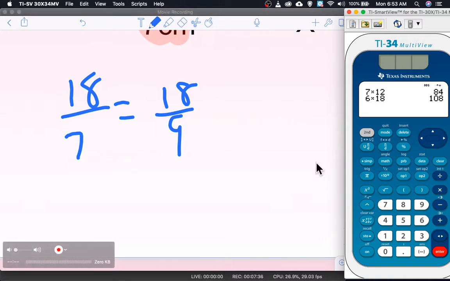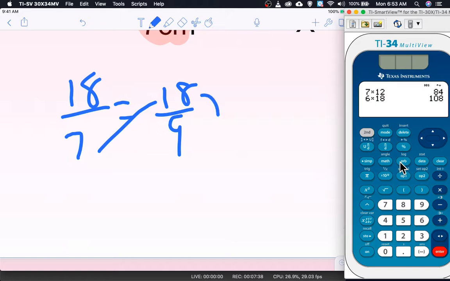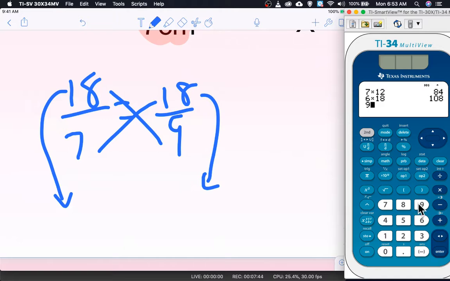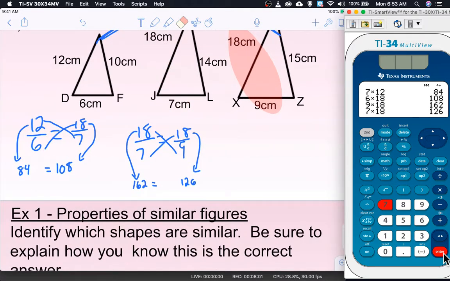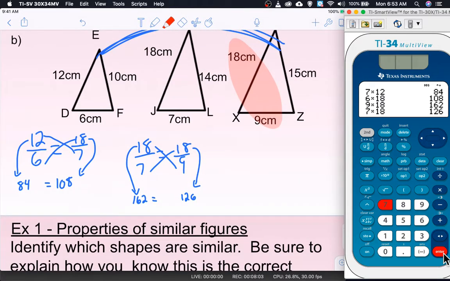There is no way that 7 times 18 is going to give me the exact same thing as 9 times 18. 9 times 18 is 162. 7 times 18 is not going to work. 126. Not in proportion. Which means it has to be these two.